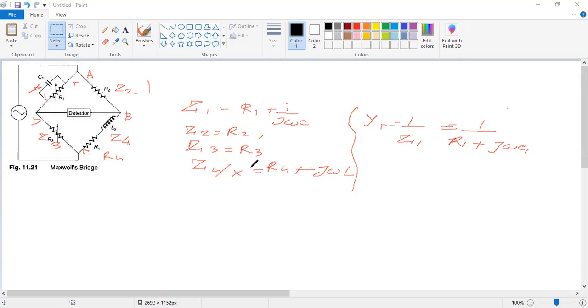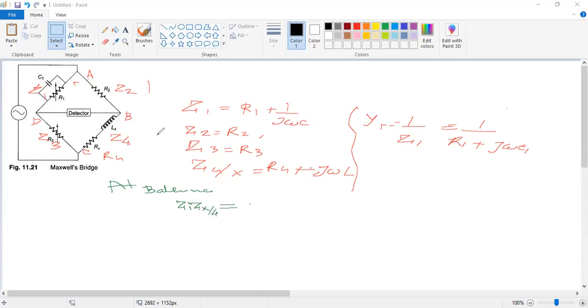We can write here, at the balance, this is the rule: Z1 into ZX, or you can say Z4, whatever you have kept, you have to write ZX or Z4, opposite arm.